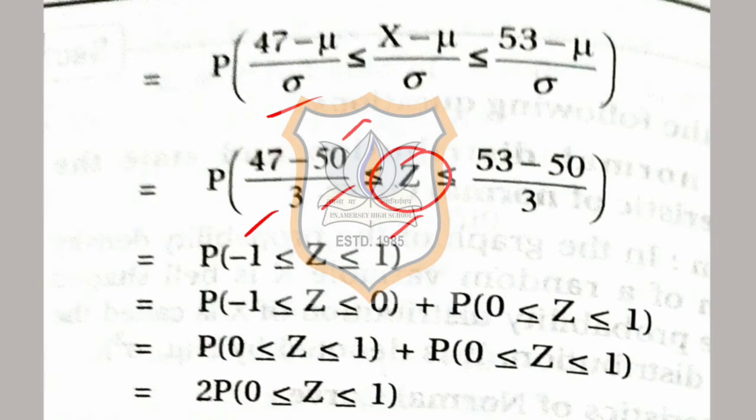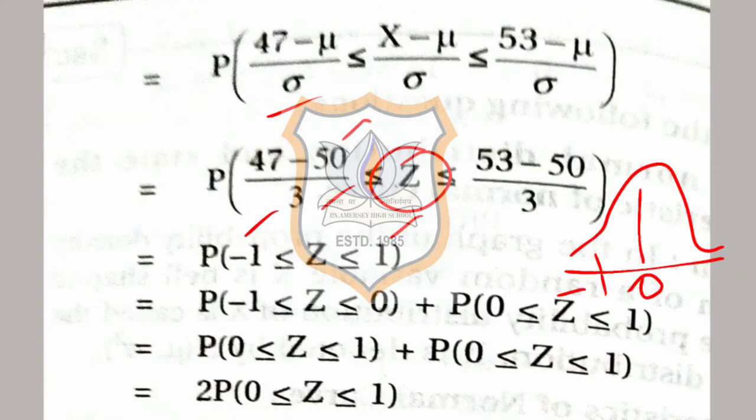Now you know that in the table when you draw, the central value is z equal to 0. Here it is minus 1 and 1. So minus 1 will lie towards left and plus 1 will lie towards right. This area we need.